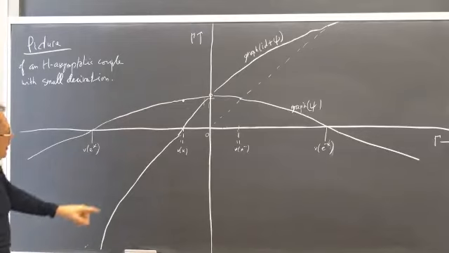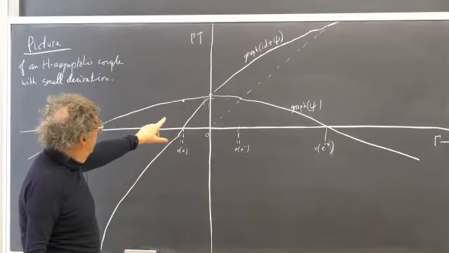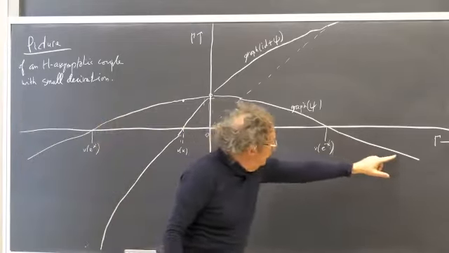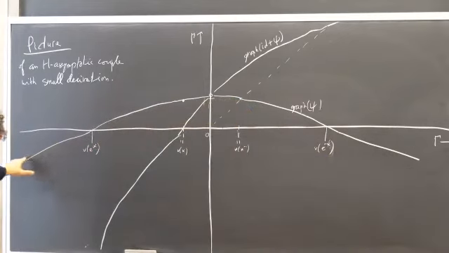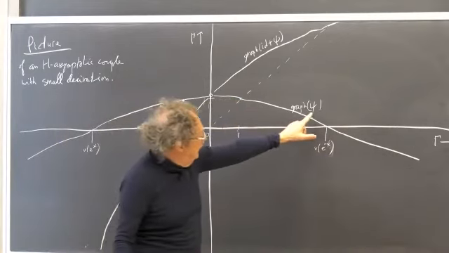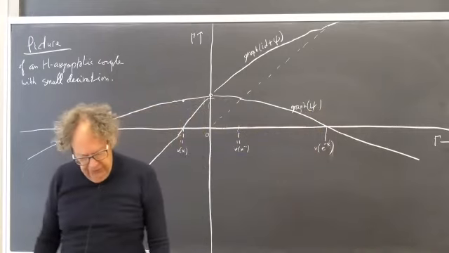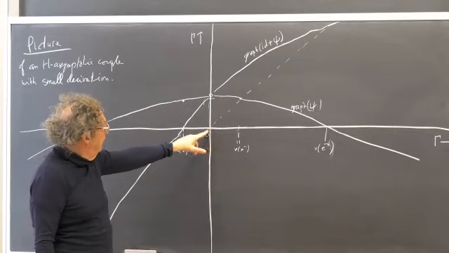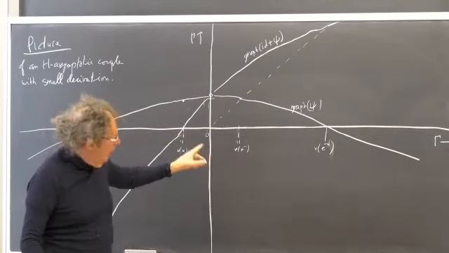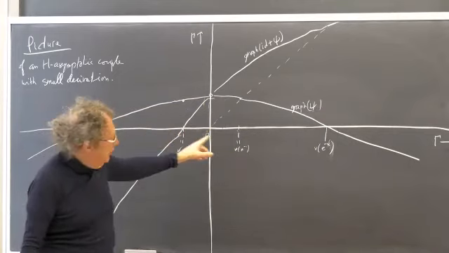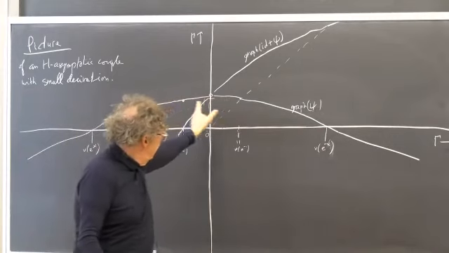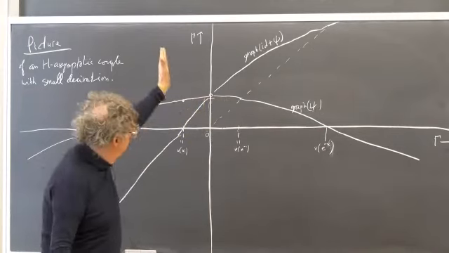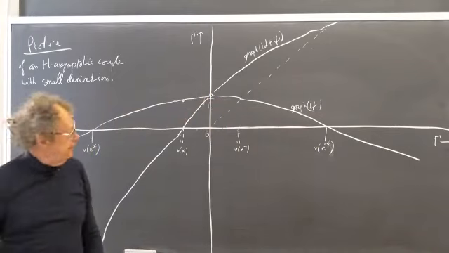So this is how you think of the graph of the psi function. As you see, it reflects that psi of minus gamma equals psi of gamma. It's symmetric with respect to the y-axis.